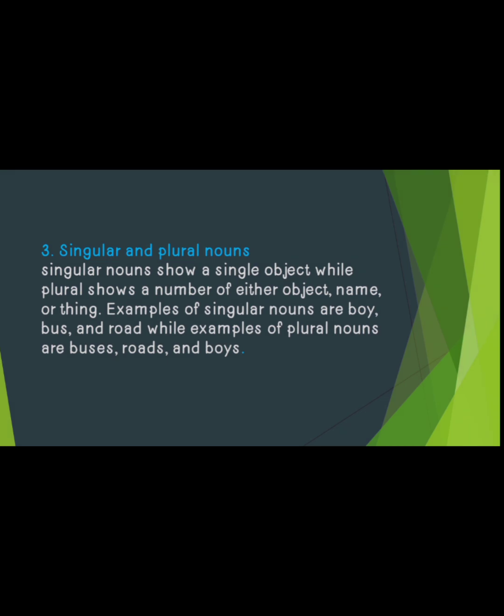On to the third category, singular and plural nouns. Just from the name, single, plural, meaning. For singular, let me give you an example of a bus. That's one, single. But for plural, we say buses. Road, roads. Hotel, hotels.